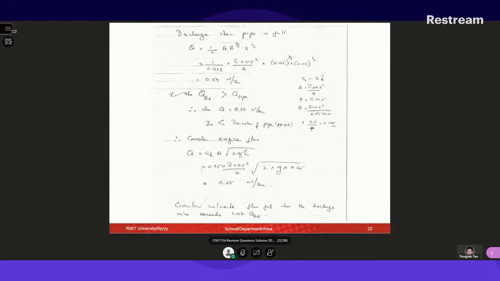They still have another page. We need to calculate the discharge of the pipe if the pipe is full. When the pipe is full, we use Manning's equation to calculate the discharge, which is 0.54 cubic meter per second.